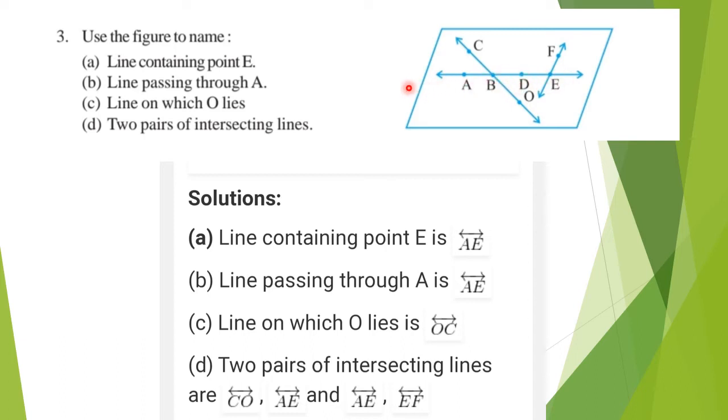The line on which O lies is line OC. 2 pairs of intersecting lines are line CO and line AE, then line AE and line EF.